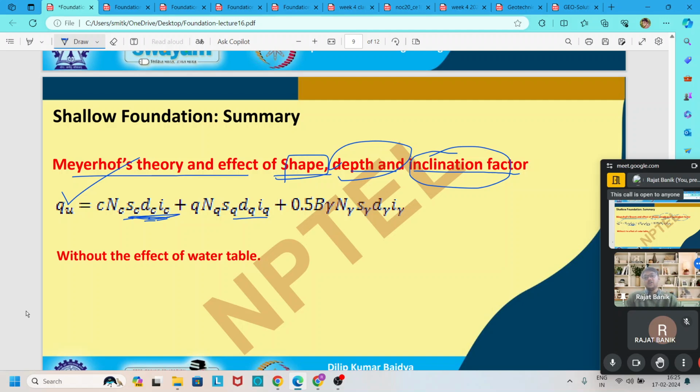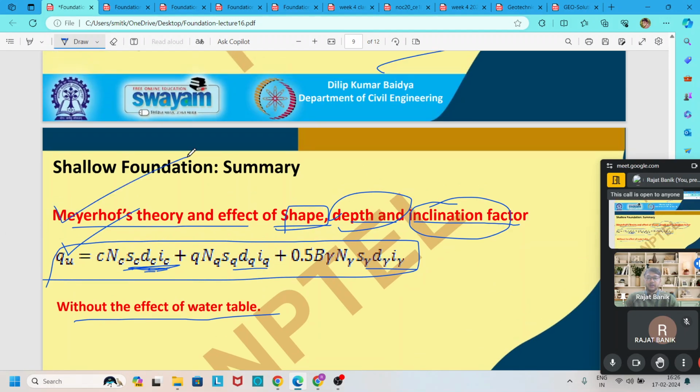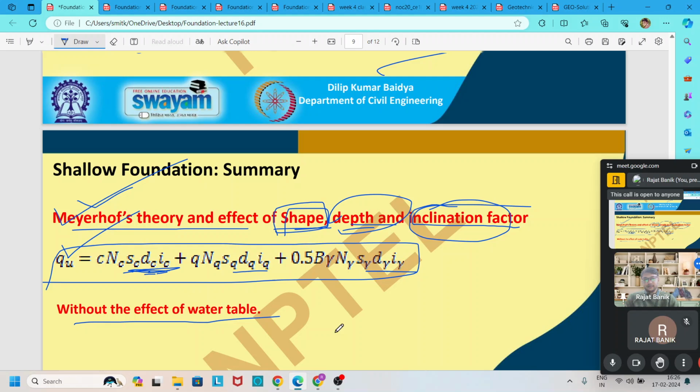This formula is without the effect of water table; in this formula we don't consider the effect of water table. It is given by Meyerhof, and it is most widely used, and it gives almost exact results because it considers all the factors: shape, depth of the foundation, and inclination of the loading.